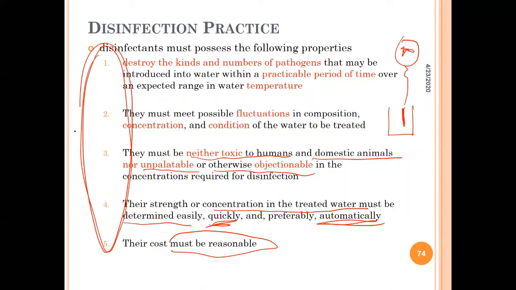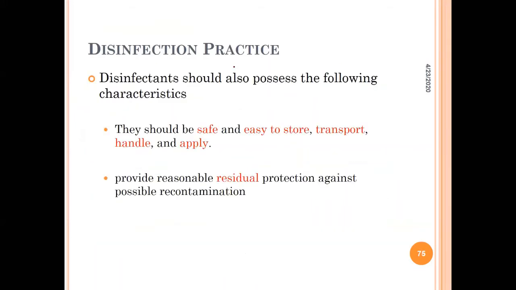None of the disinfectants fulfills all of these properties. But anyway, the majority of properties mentioned here should be fulfilled by a suitable disinfectant, particularly the cost, and of course it should destroy all kinds and numbers of pathogens. And also it should be safe: easy to store, transport, handle, and apply.